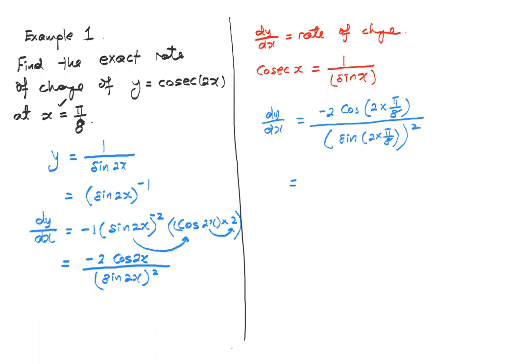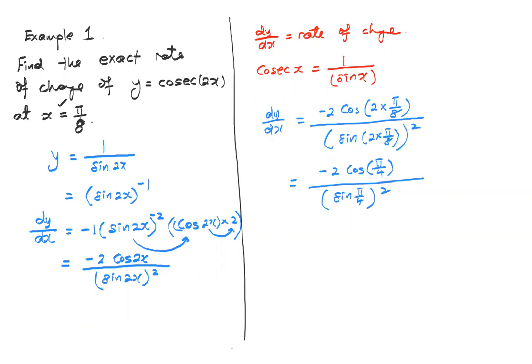So this is equal to -2 cos pi by 4 divided by sin pi by 4 squared.